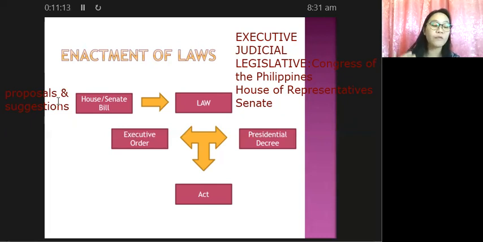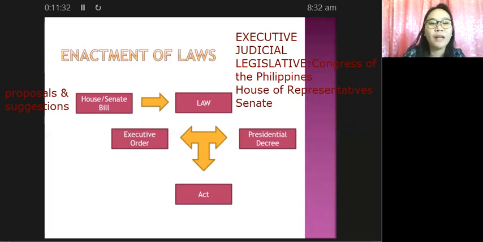After approval of both houses, the proposed law will then be submitted to the office of the president for action.